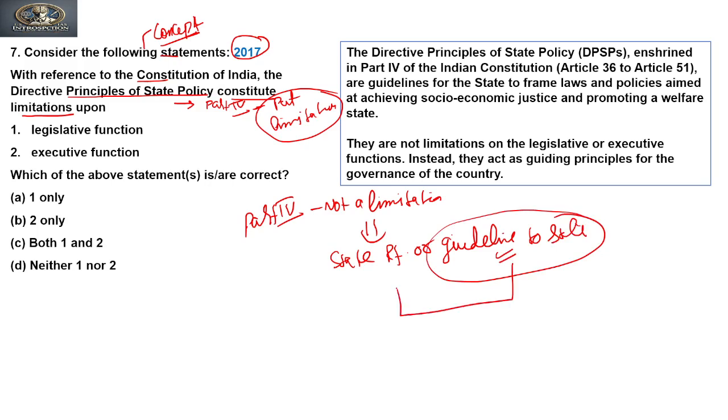In one sense we can say this is giving a right to the state to function, that you can implement this to provide a welfare state, a fair state. So if you are clear with the concept, by this key term, that it is imposing limitation upon what, it is not there to put limitations.